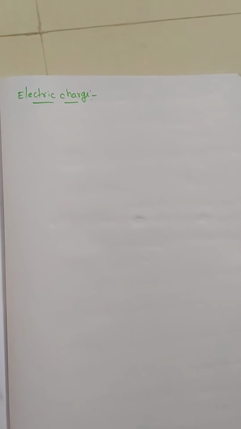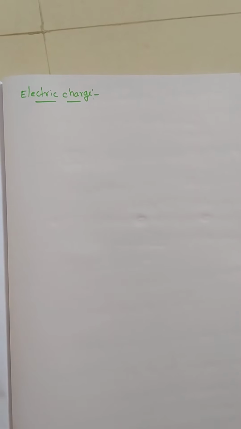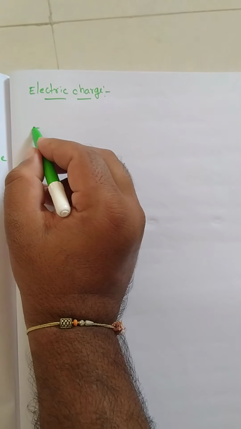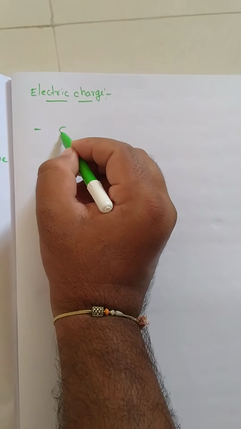So this charge is a fundamental property of matter and can never be isolated from the matter. What is the meaning of isolated? Already discussed with you, just remember. So charge is a fundamental property in nature.